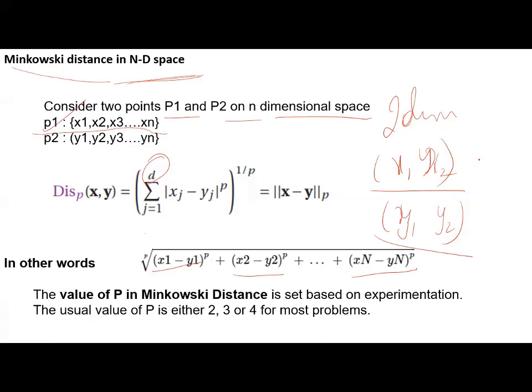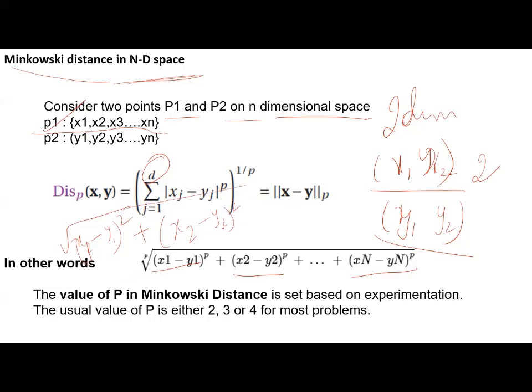If it is two-dimensional, we write it as 2, that is, the square root of x1 minus y1 whole square plus x2 minus y2 whole square.